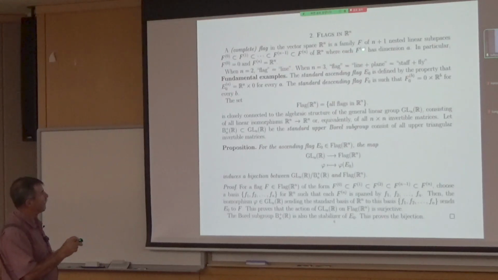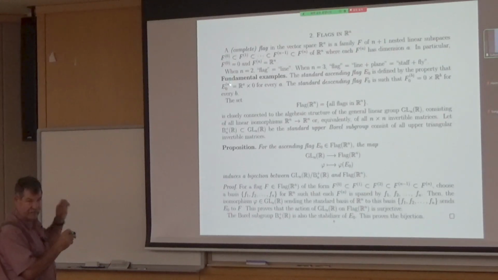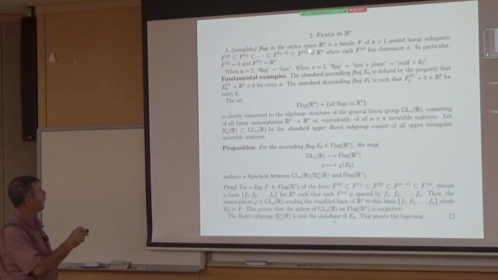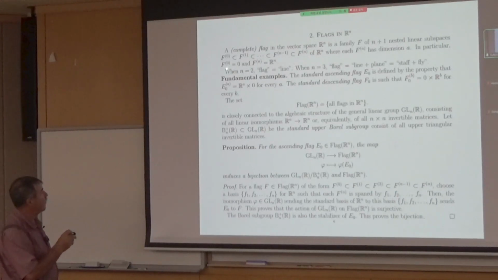So in particular, if the a-th space has dimension a, you have a space of dimension 0, namely the trivial space, then a space of dimension 1, 2, 3, and then n minus 1 and n. The first one is always 0, the last one is always n.